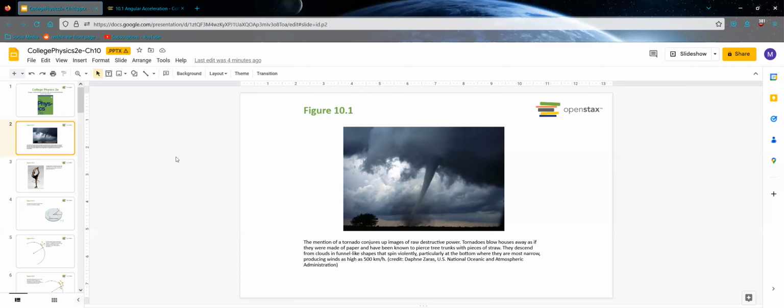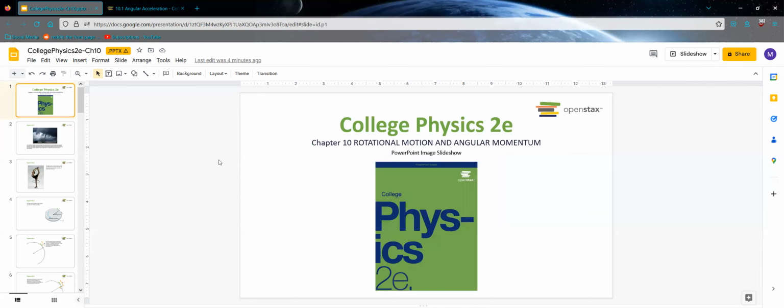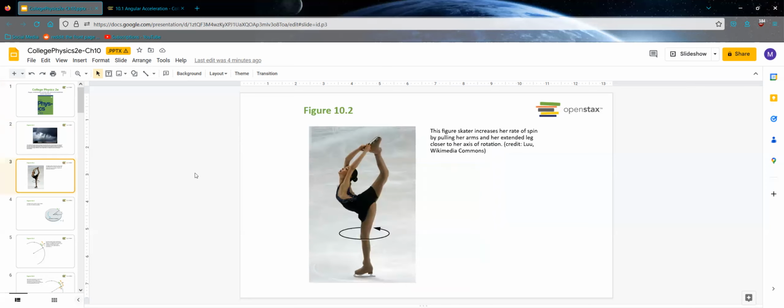A hurricane is basically strongly blowing wind as well, but hurricanes are very large and tornadoes are very small. Tornadoes are a lot more powerful in the individual spot than a hurricane. Hopefully you'll see what I mean by that when we get into the math behind rotational motion and angular momentum.